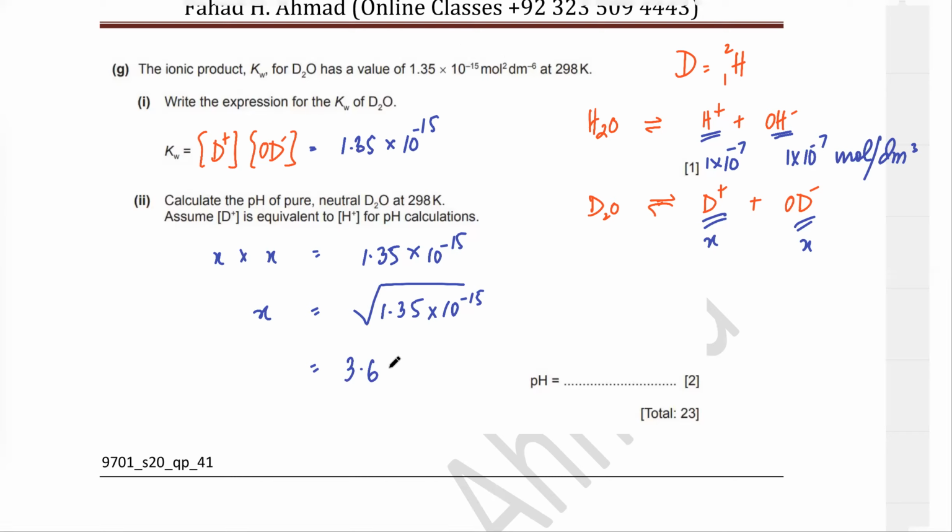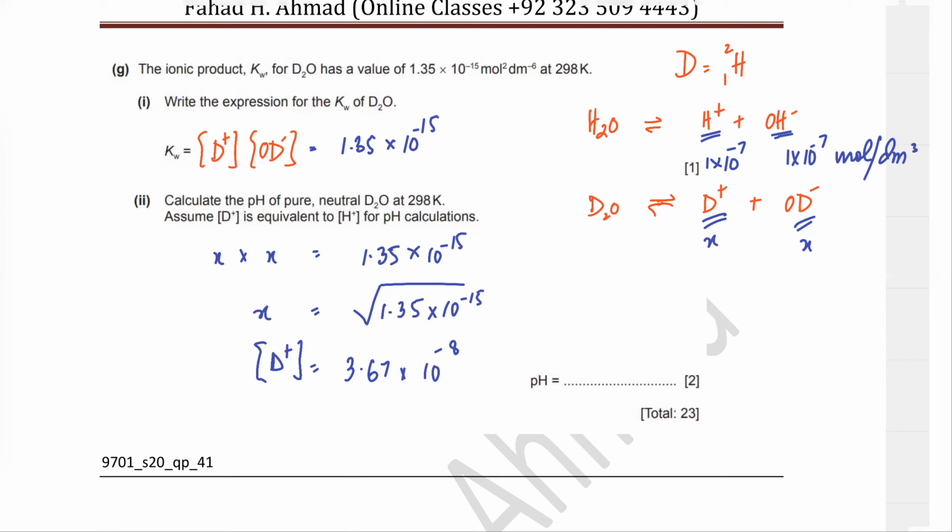So is it 3.6 or something after that as well? 7. Into 10 power what? Minus 8. So that's the concentration of D plus 1 ions, which is basically H plus 1. Is this clear?